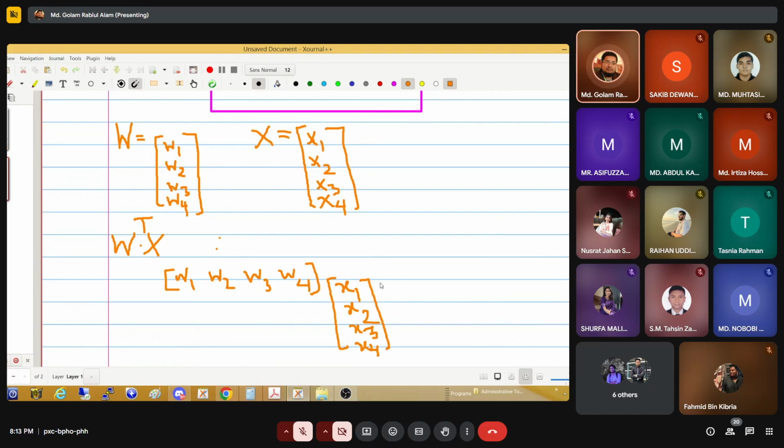So if we multiply W and X, we can write it as w1 x1 plus w2 x2, then w3 x3, plus w4 x4.